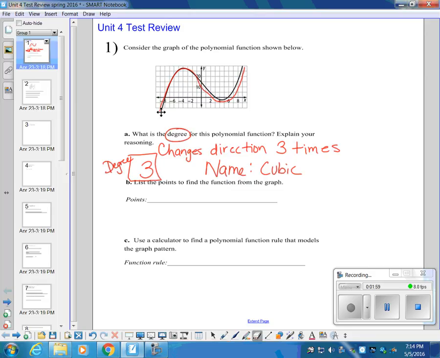All right, so the first thing it wants us to do is list our points that we're going to use to find the function. So we're going to pick our zeros where it crosses the x to start with. Okay, first of all, go back and tell me how many points do I need? Number of points needed.